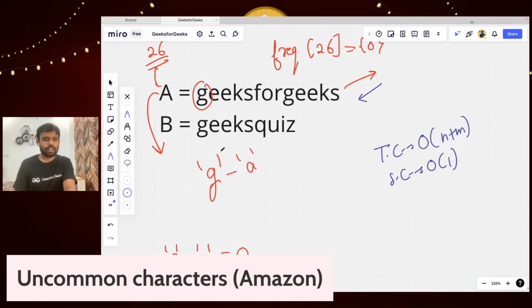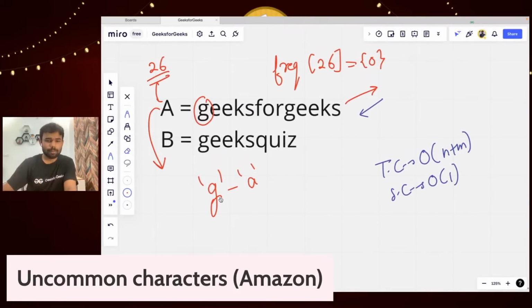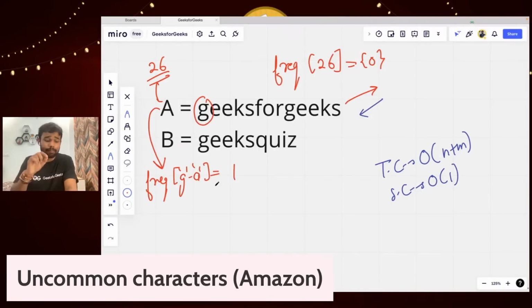Fine. To make it non-complex, I am just writing the character only: the frequency of G minus A is equal to 1. Why am I making it 1? Because G is present here. Then the next character is E, so the frequency of E minus A is equal to 1, since E is present.